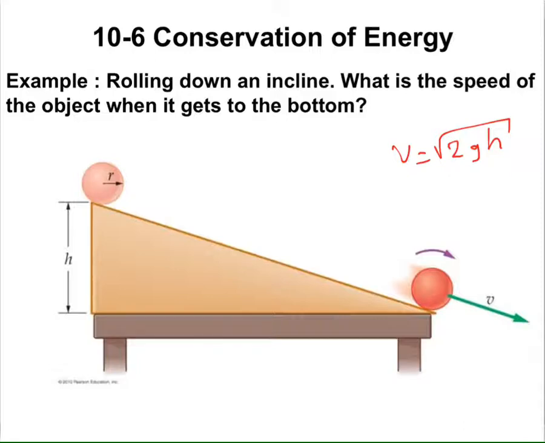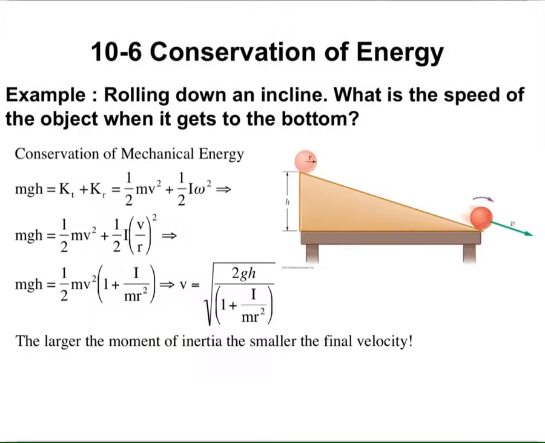But in the second case, the same energy, mgh, will be partially the rotation of the object. So some energy will go to the rotation, and the rest will go to the translational kinetic energy. Since the translational kinetic energy deals with the speed, in that case this speed will be less. Let's do the calculation and see it, okay?